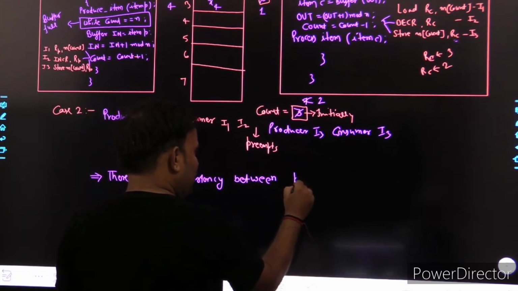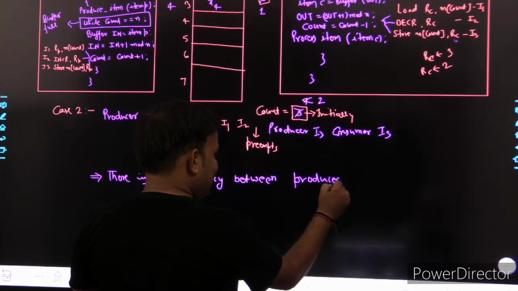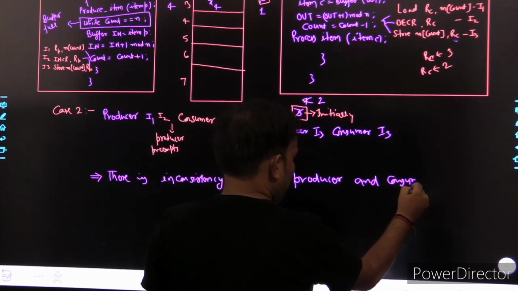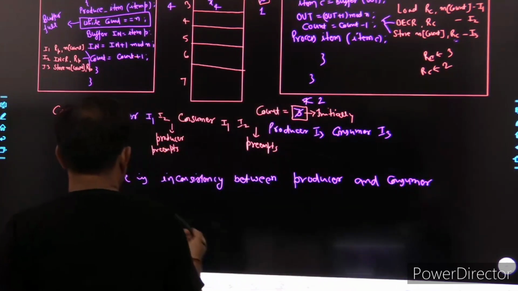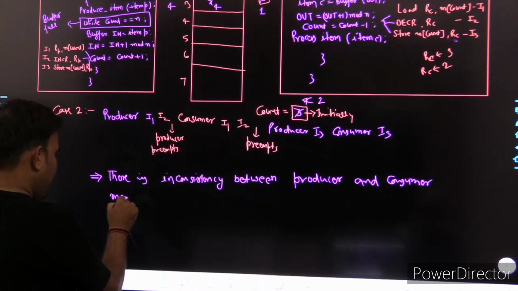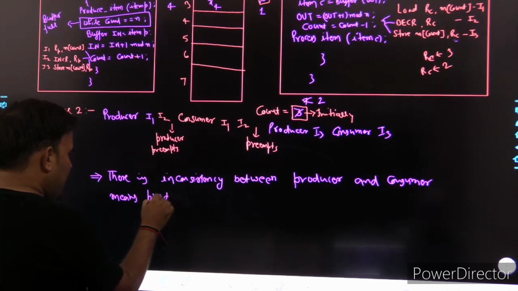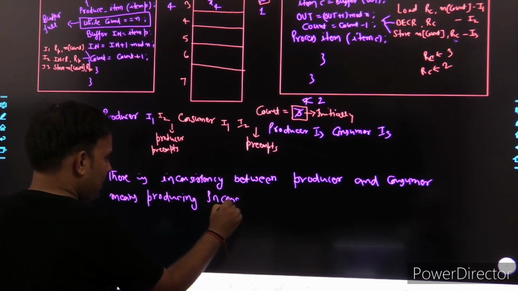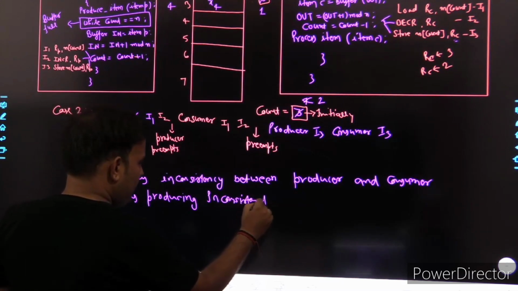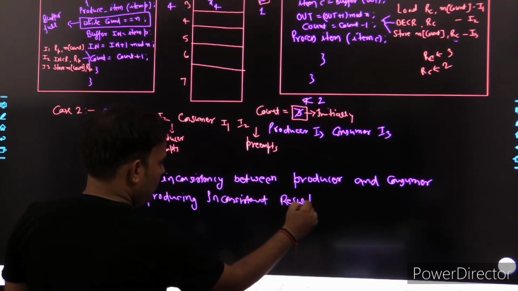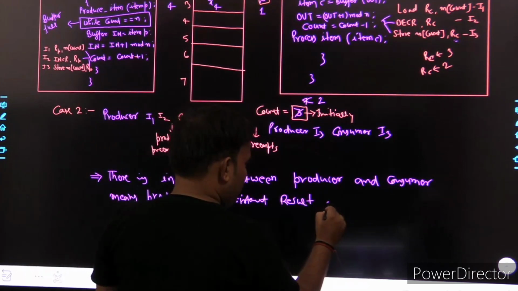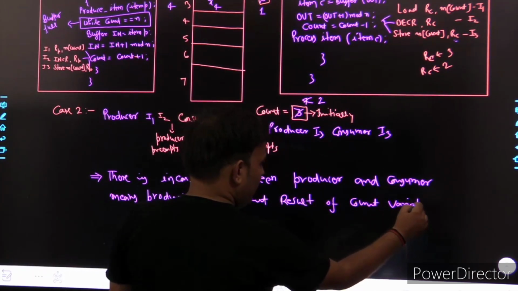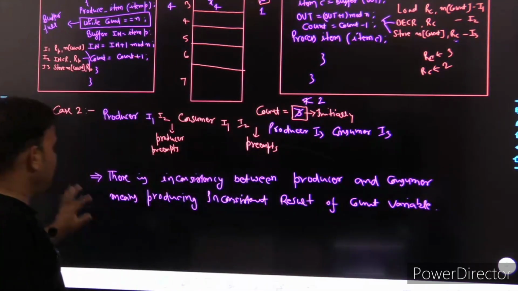Producer and consumer are producing an inconsistent result of the count variable. I hope you understand clearly.